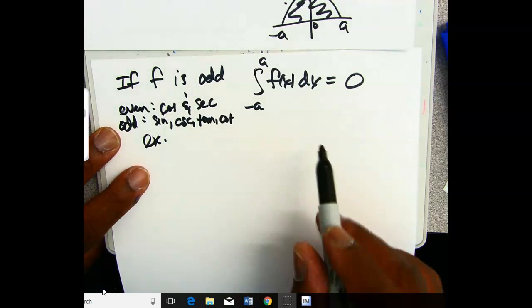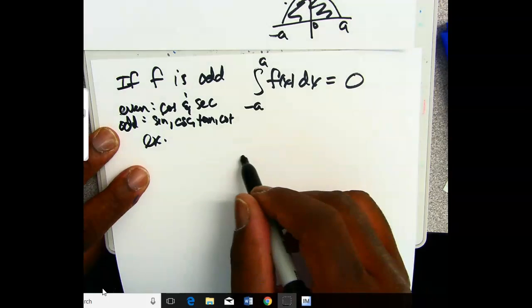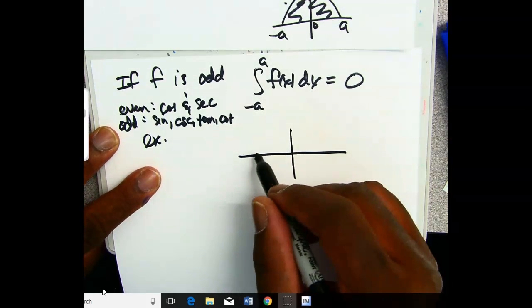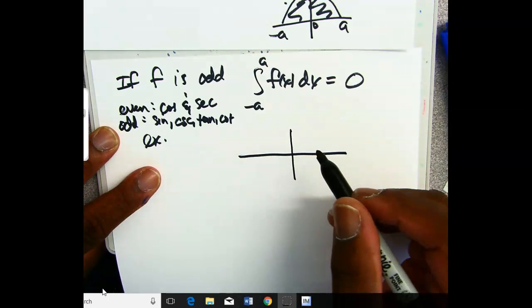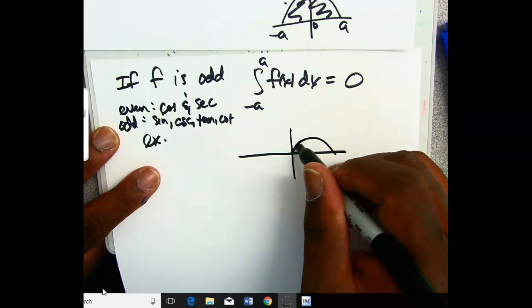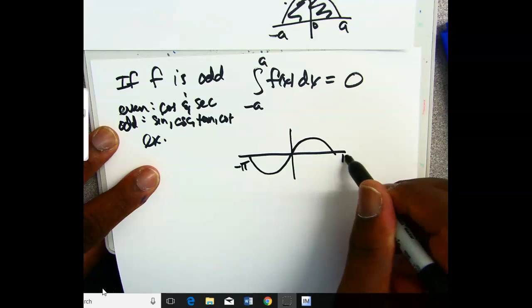So here, when I first gave you this a couple of years ago, why is it 0? Well, take a look here. Remember, it has origin symmetry. So let's go from the graph of sine from negative pi to pi.